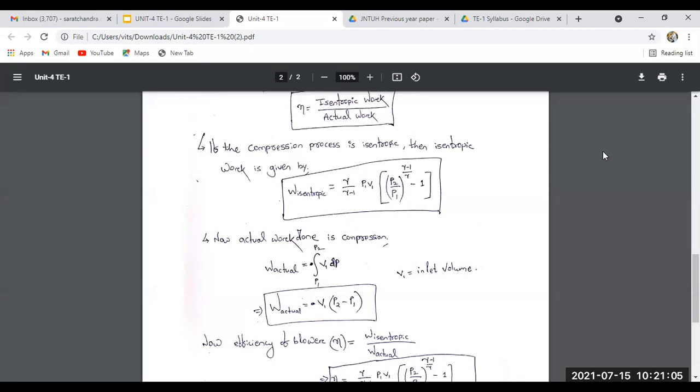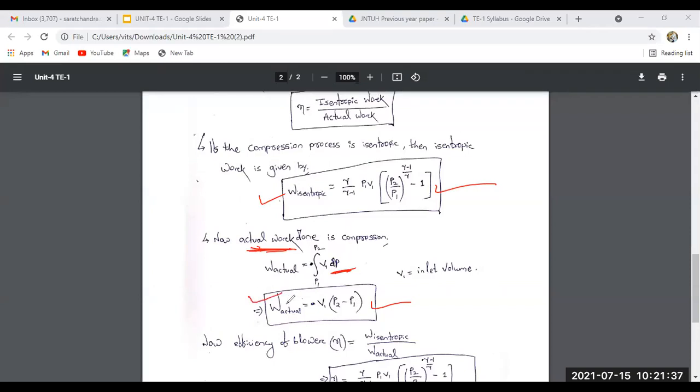Here you can see the isentropic or adiabatic efficiency formula is this one, whereas the actual work done formula is inlet volume V1 into P2 minus P1.